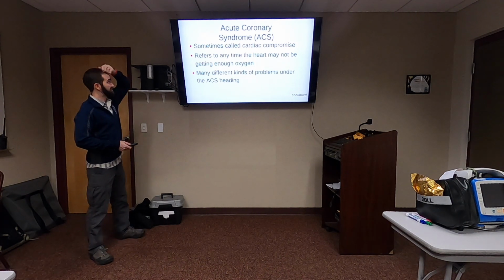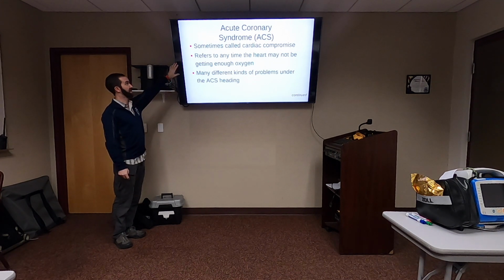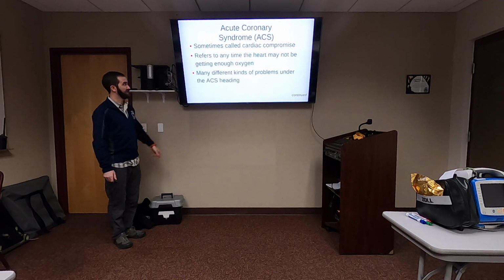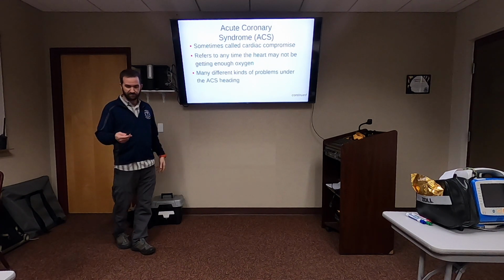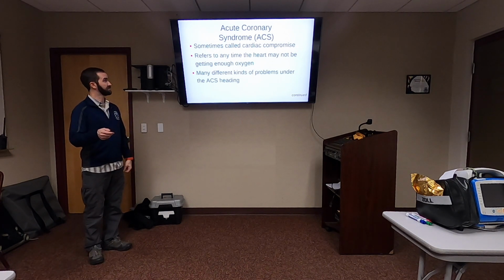So acute coronary syndromes are basically lumping all together issues that happen where the heart's not getting enough oxygen. So there's lots of different things that we'll talk about under this general heading of acute coronary syndromes.